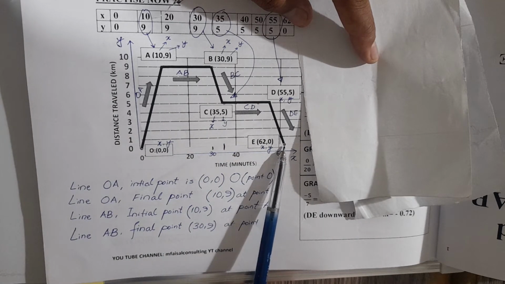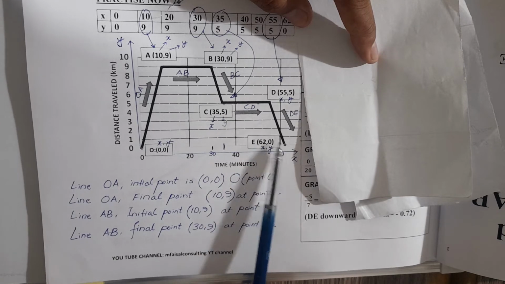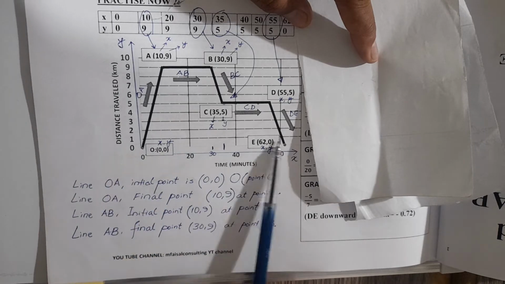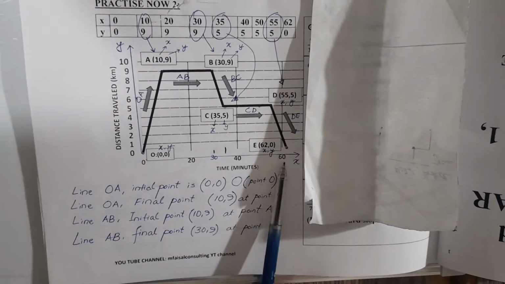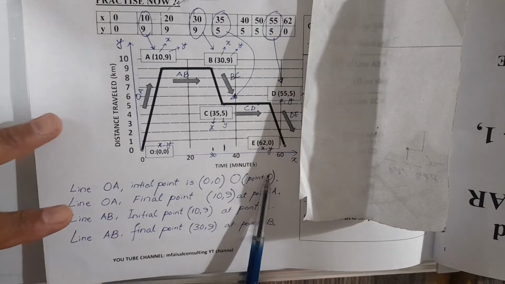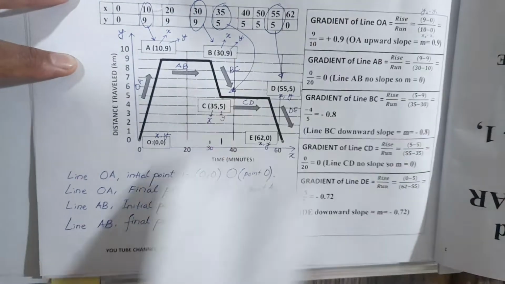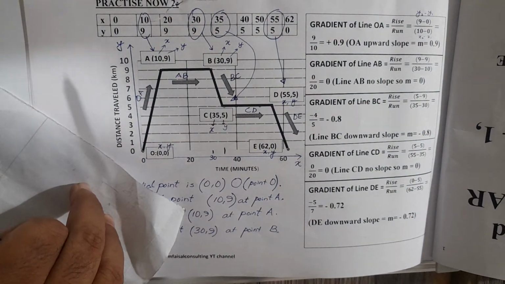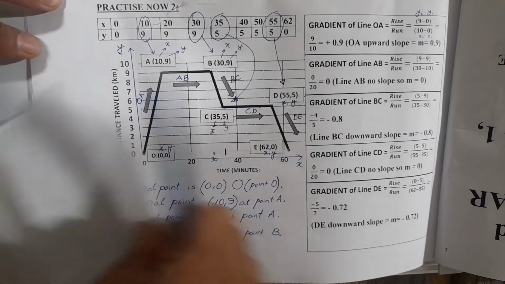This line terminates at point E, 62 and 0: 62 on the x-axis and 0 on the y-axis. So this is point E. We have to find the gradient of line OA. So first of all, we will be finding the gradient of line OA.